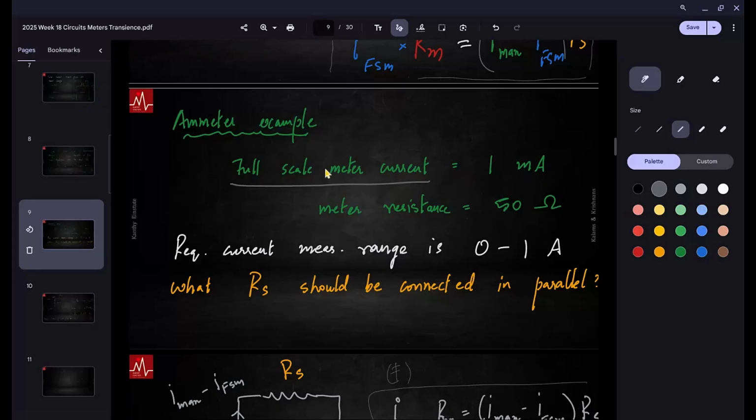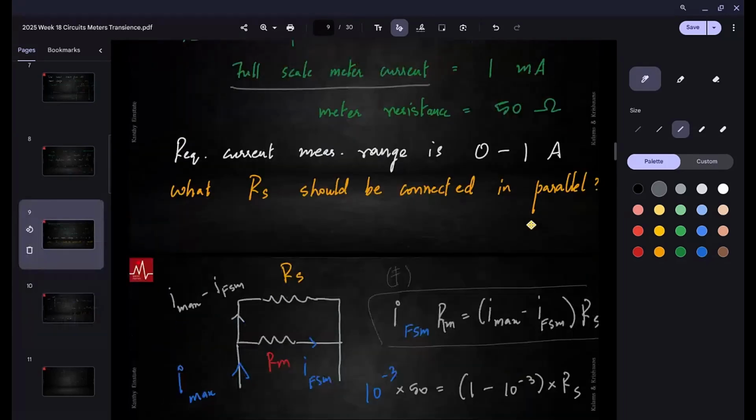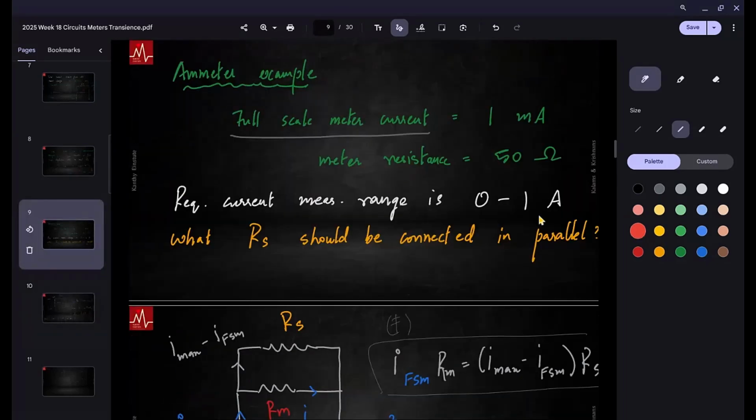So if this is 100 divisions, 1 milliamp gives 100 divisions. And I told you your measurement range is 0 to 1 amp, the maximum current you're trying to measure. They can instead tell you 1 amp should give 50 divisions out of 100.